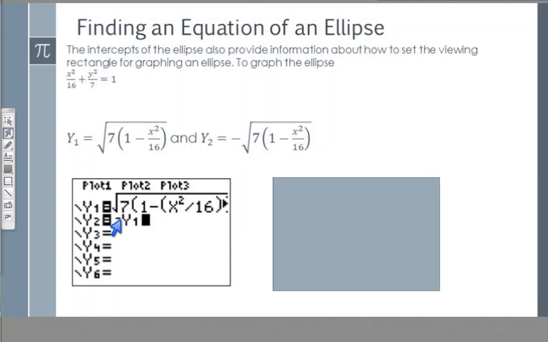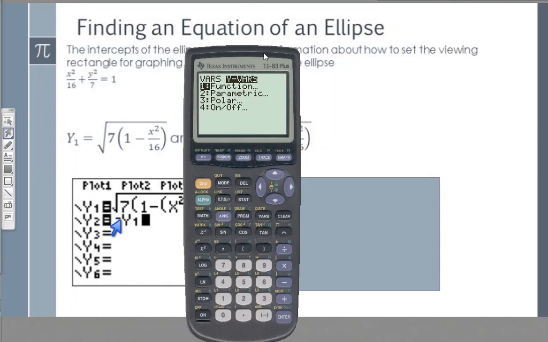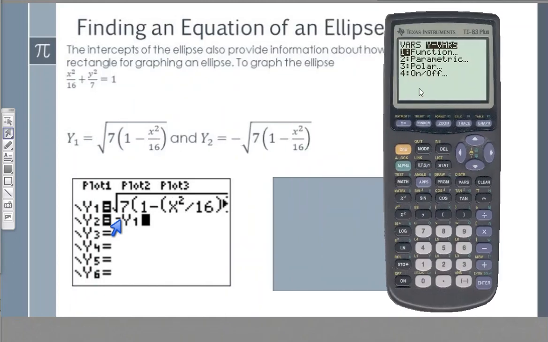Oh, it won't let me take a screenshot. Here, I'm just going to put this over on the screen. You go to this vars button. Then you're going to arrow over to Y vars. Then you're going to click 1 for function, or you can hit enter. And then you're going to hit 1.